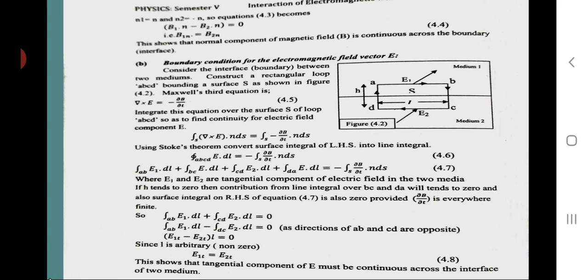Therefore, (E1t minus E2t) times L is equal to 0. Since L is arbitrary and non-zero, E1t minus E2t is equal to 0, that is, E1t is equal to E2t. This shows that the tangential component of E must be continuous across the interface of two media.